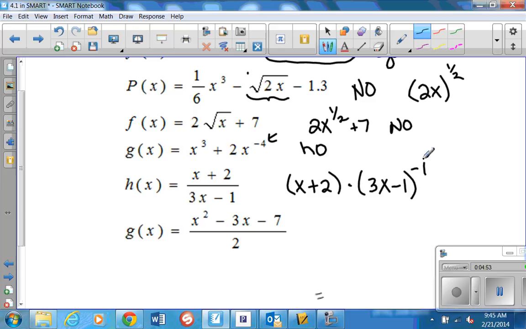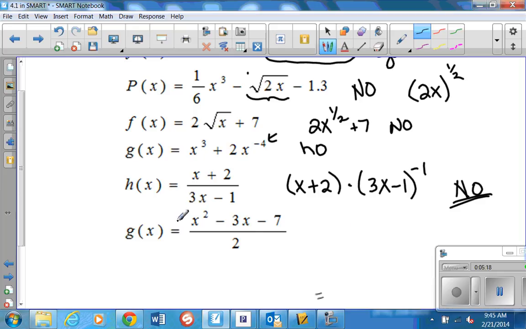Well, the fact that you have a denominator here means something's downstairs, which means it's to a negative 1 power. So yes, that is not a polynomial.